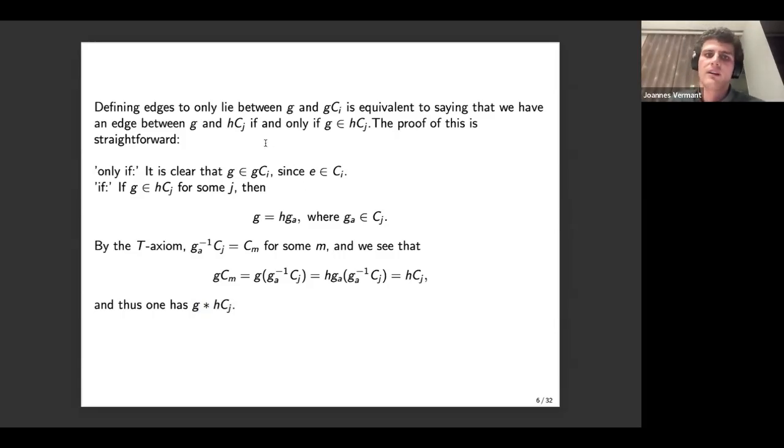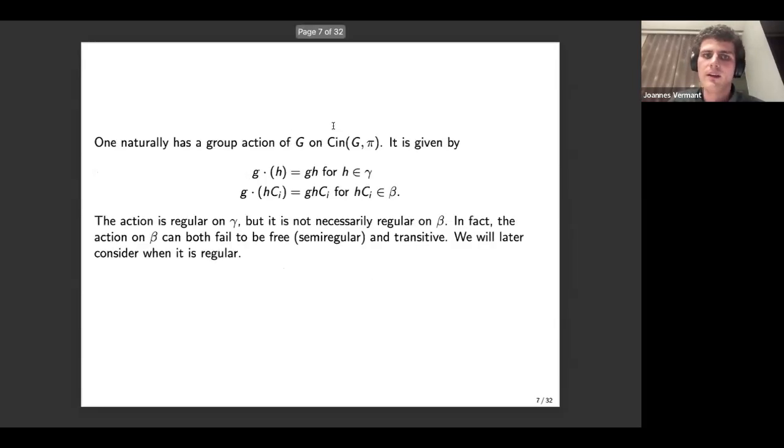So this definition, or this property, already points towards why we have the name incidence graph, but I will say more about this later. One also has a group action of G on the Cayley incidence graph, and it is given as follows. On elements in gamma, which is the bipart given by the group elements, it's simply multiplication on the left.